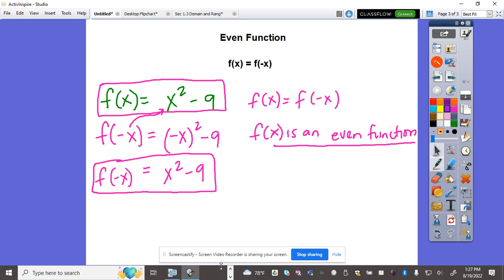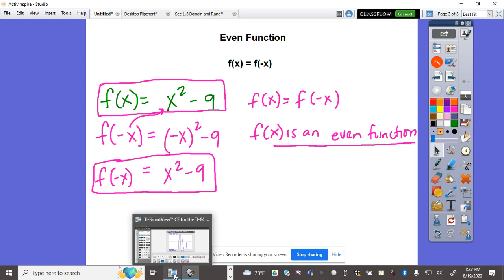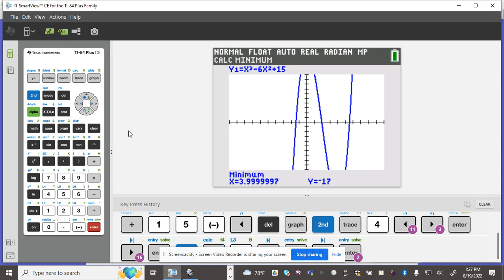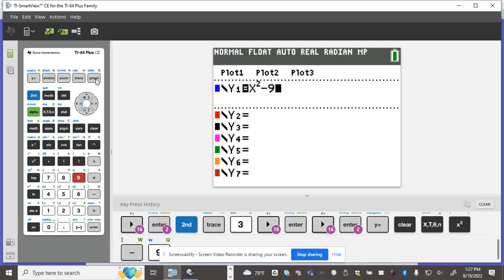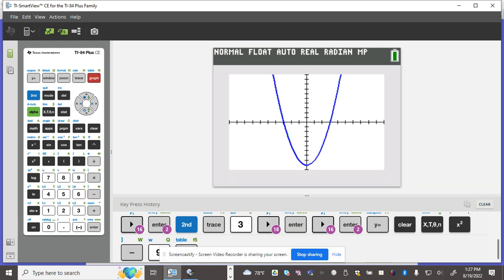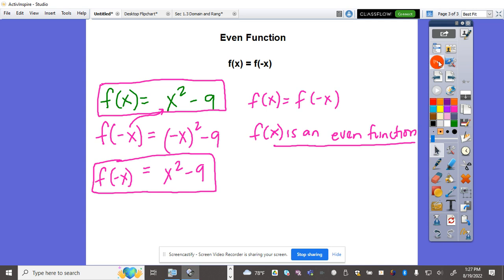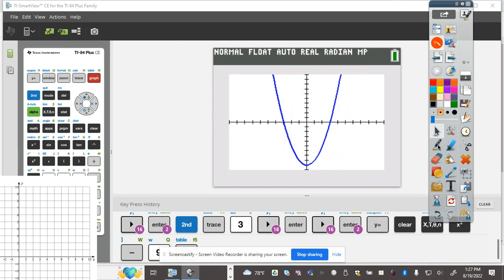The best way is to show it to you in a calculator. Go to the y equals, clear that one. Enter x squared minus 9. And if you graph it, you can tell from the graph, it's a parabola that is symmetrical to the y-axis, right?